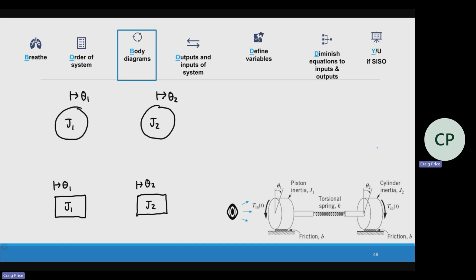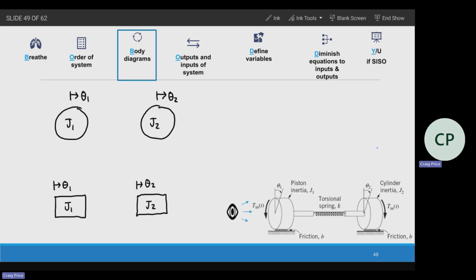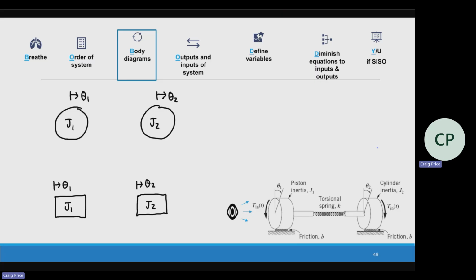I want you to fill in the torques. There's a few torques on each of these. Some of them interact with each other. I want you to fill those in as best as you can. Maybe talk with the person next to you. Try to be on the same page. Like, hey, have we got everything? The first two are pretty easy because they're on the diagram. The other ones, you need to kind of think about. Maybe you need to use some pencil props.